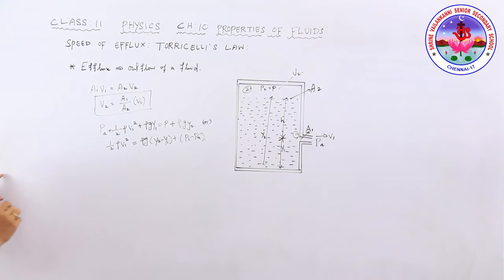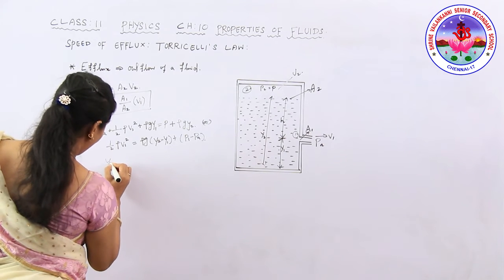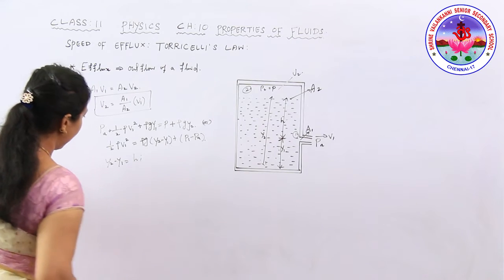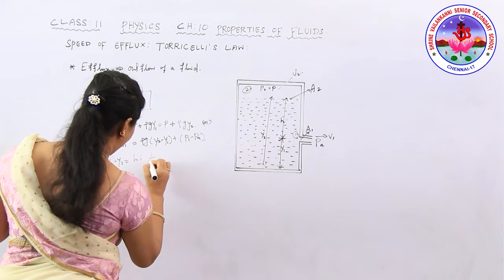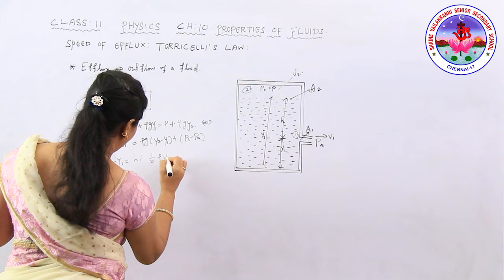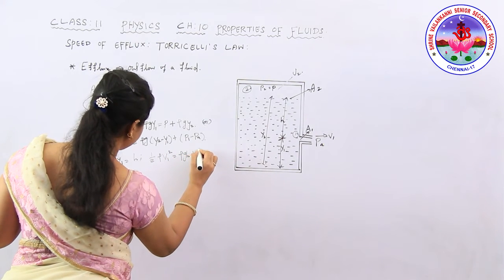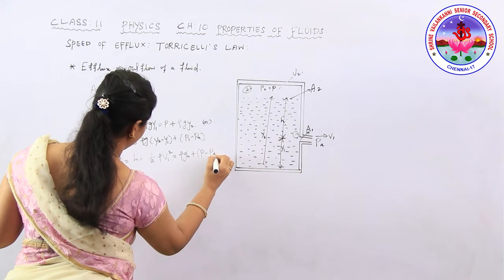Okay, now we will write y2 minus y1 equal to h, height. So that half rho V1 square is equal to rho g h plus P minus PA.